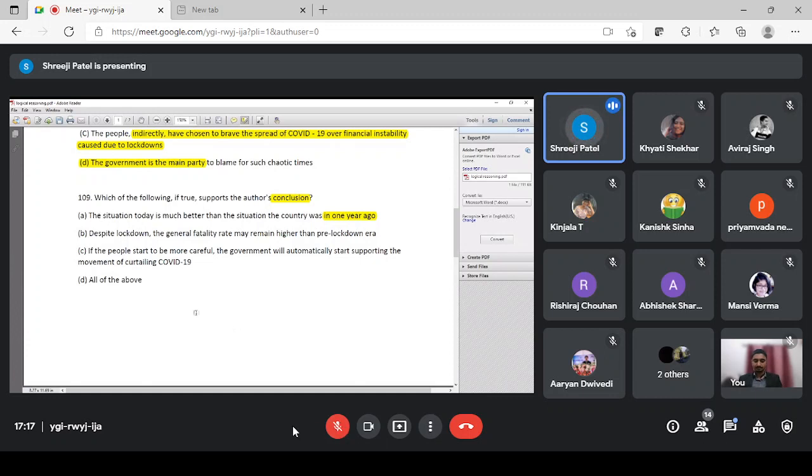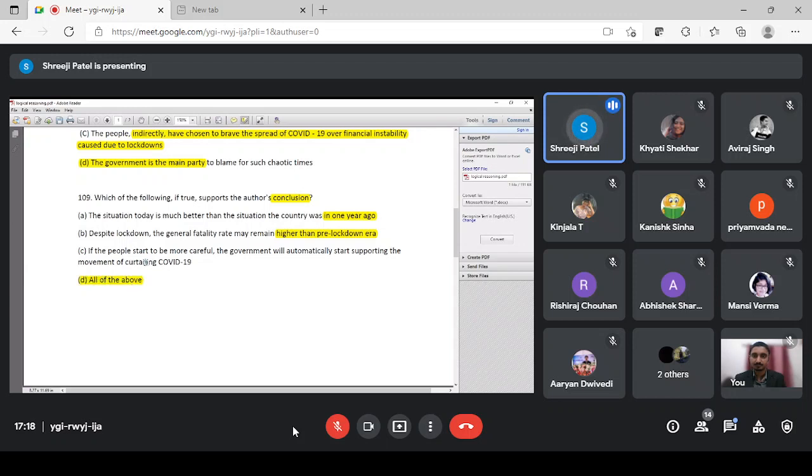So I can see that most of the people are answering C. The second option was: despite the lockdown, the general fatality rate may remain higher than the pre-lockdown period. Again, we don't know what our condition was in the pre-lockdown era. Therefore, this cannot be our answer. And here B is also not our answer.